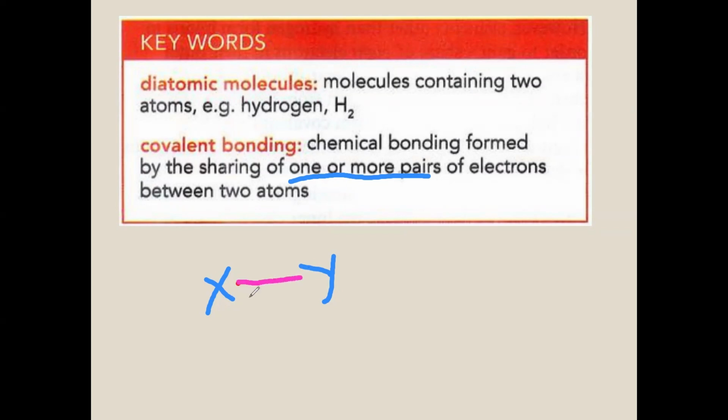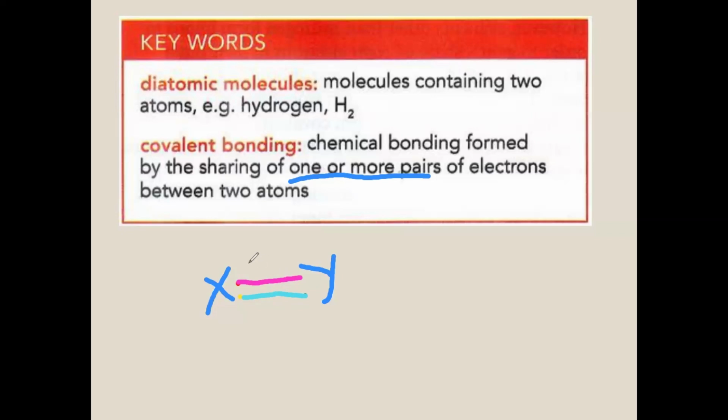They will form a covalent bond between these two electrons. But if X needs two more electrons and Y needs two more electrons, the first two electrons will bind with a covalent bond, and the second two electrons will be bound by a second bond.